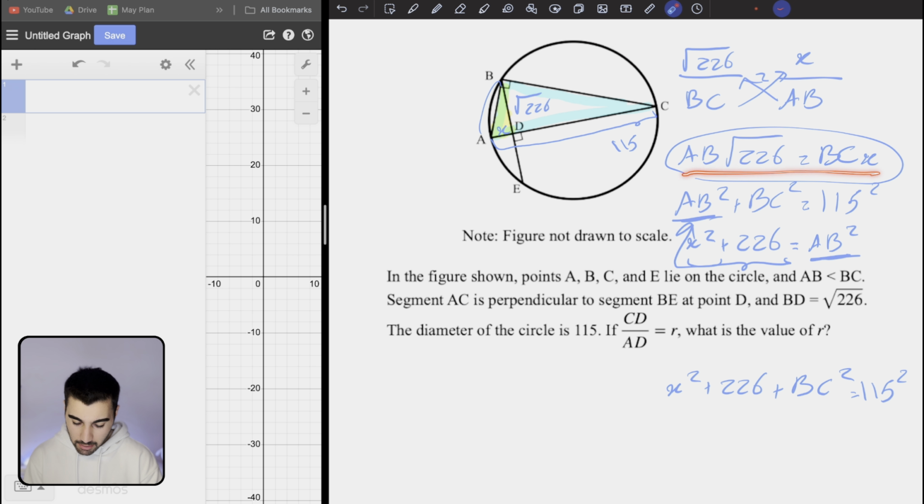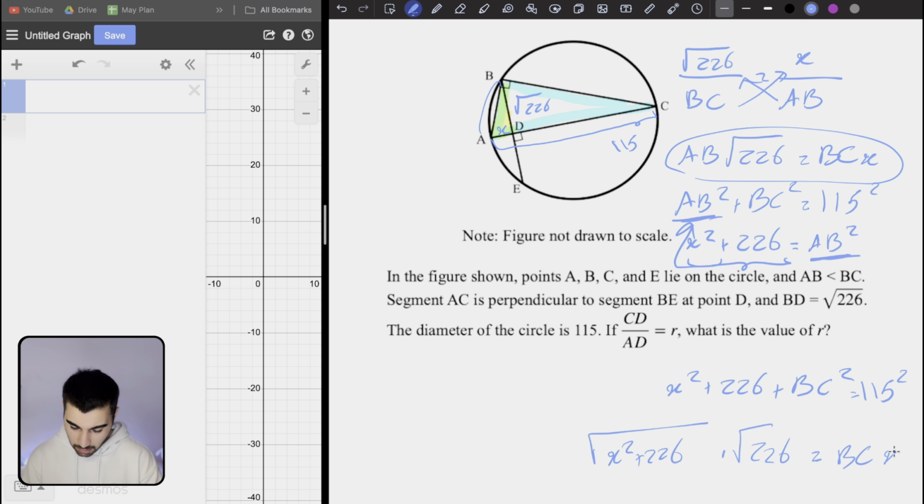So I want to make like two variables here, not three. So I will substitute it again, this one into AB, but I will put root here because this is AB squared. So I'm going to say the root of x squared plus 226 times the root of 226 equals BCX.